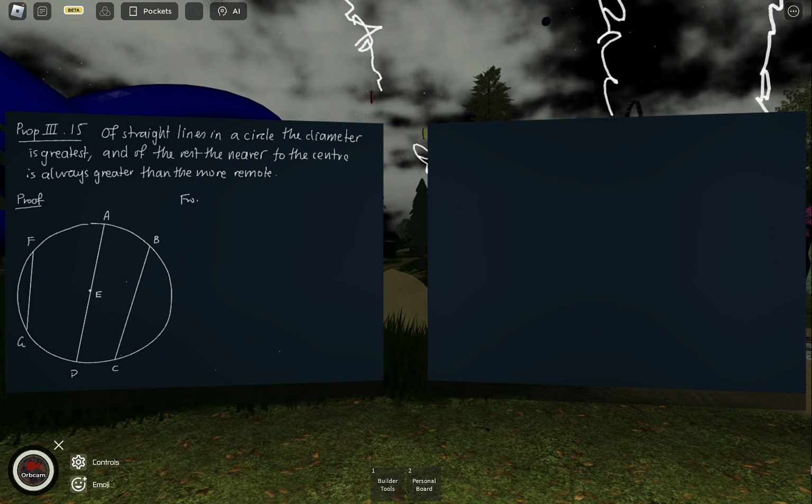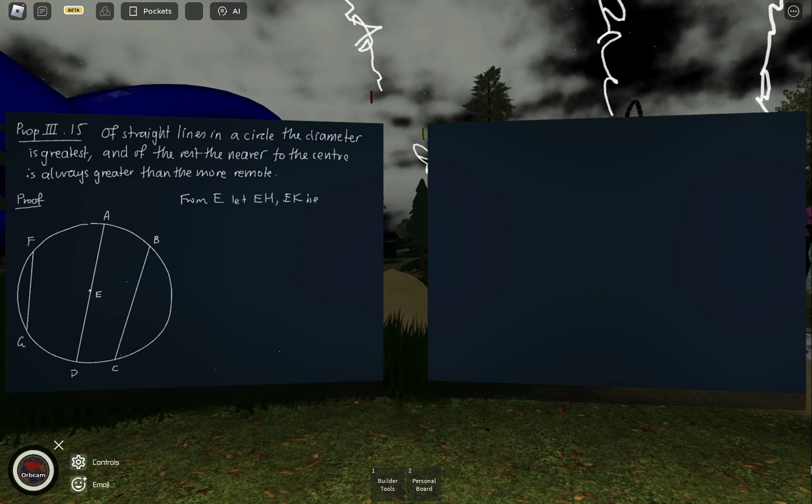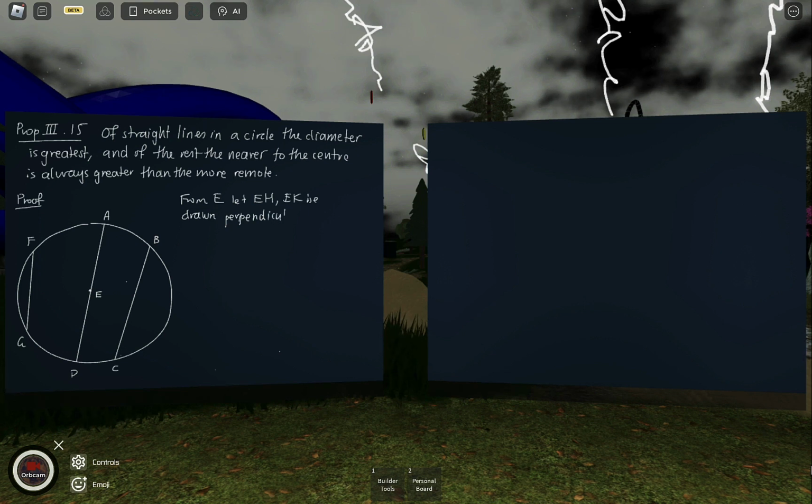Okay, so from E, let EH and EK be drawn perpendicular to BC, FG.